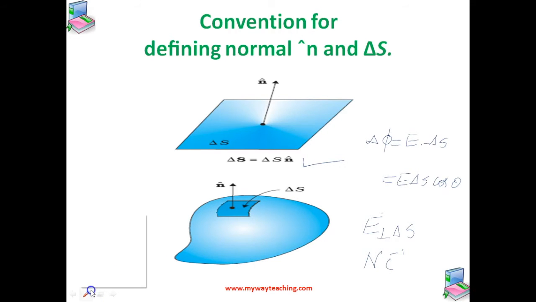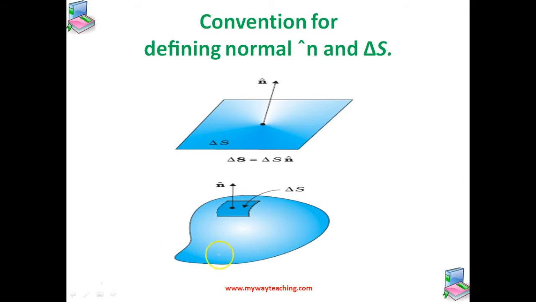One thing is the basic definition of electric flux. We can say that to calculate the total flux through any given surface, we should use the equation that we studied just now. The simple way is to divide the surface into very small area elements and then calculate the flux at each element and then sum it up.